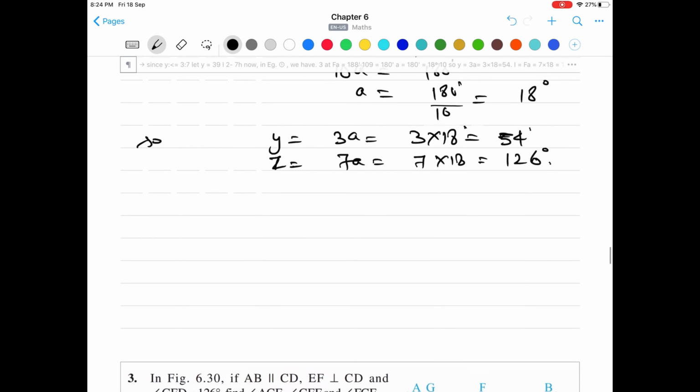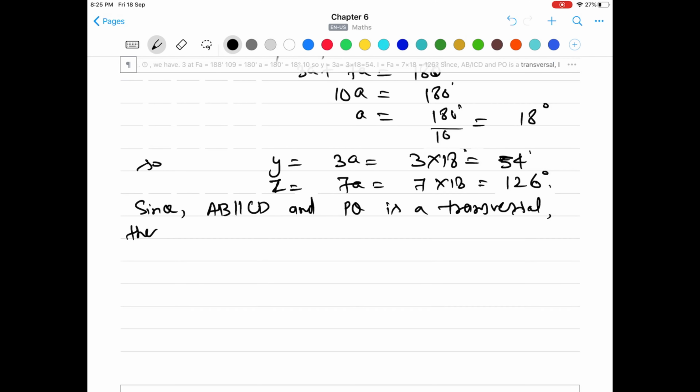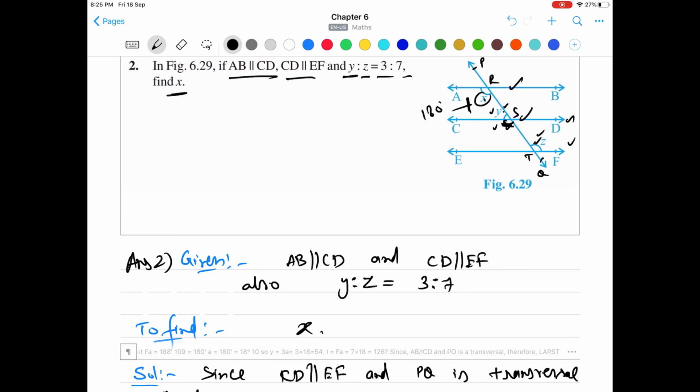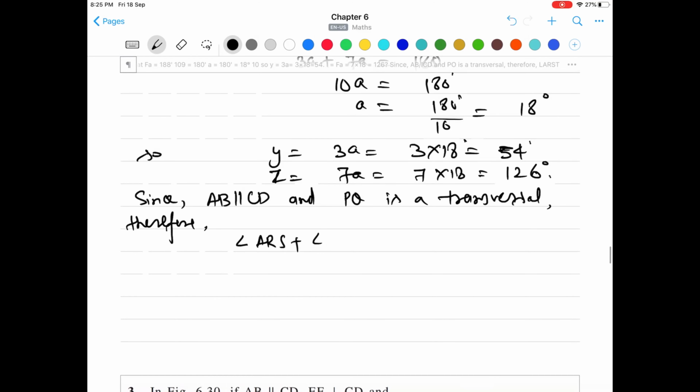Okay, so all right, since AB is parallel to CD and PQ is a transversal, therefore the sum of angle ARS and angle RSC will be equal to 180 degree.